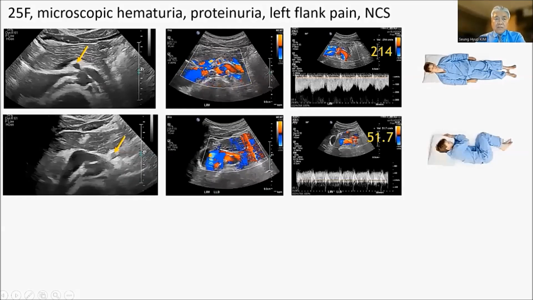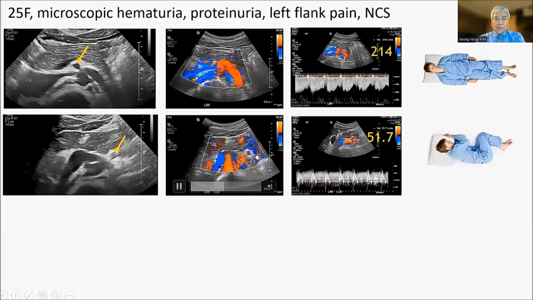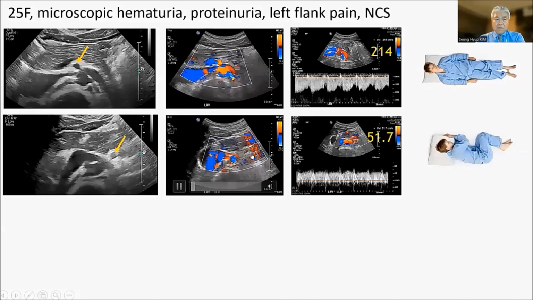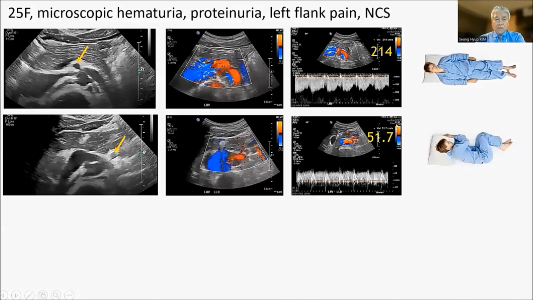When the patient takes left lateral decubitus posture, the superior mesenteric artery moved to the left side, and the left renal vein compression is much relieved, and the peak flow velocity decreased to 51.7 centimeters per second, a normal value.